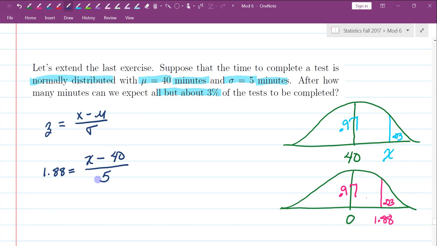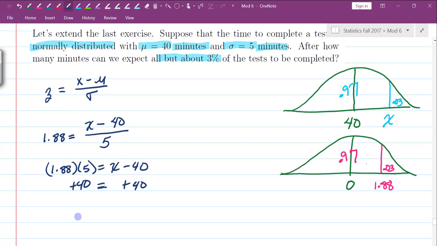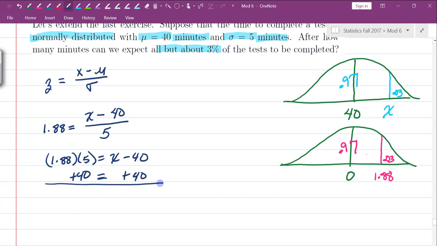We'll multiply both sides through by 5, so we get 1.88 multiplied by 5 is equal to x minus 40. We'll add 40 to both sides. And we end up with 1.88 multiplied by 5 plus 40 is equal to x.